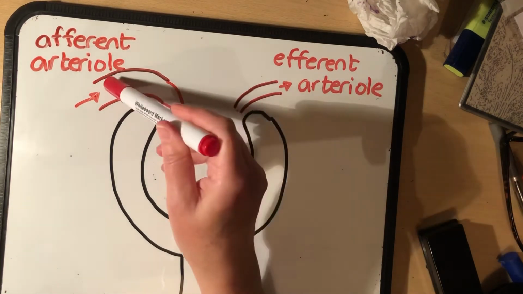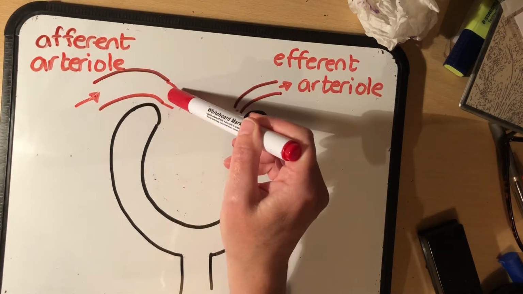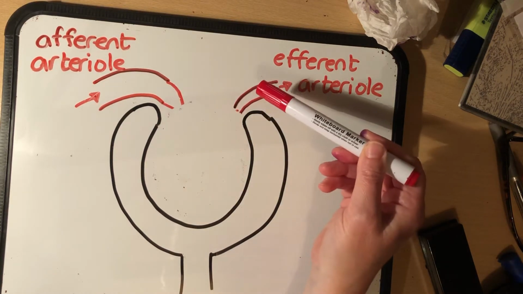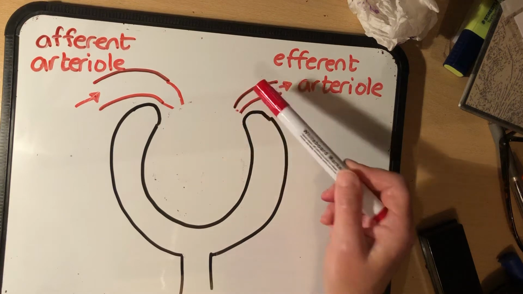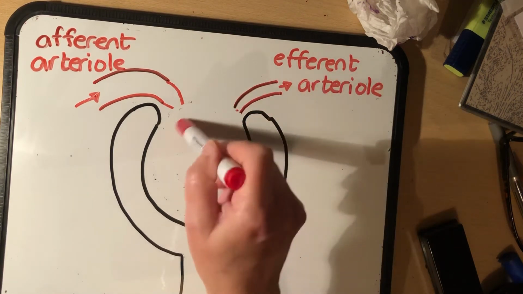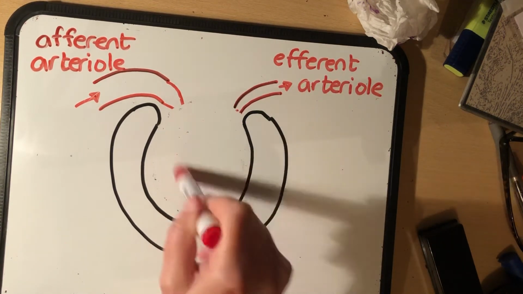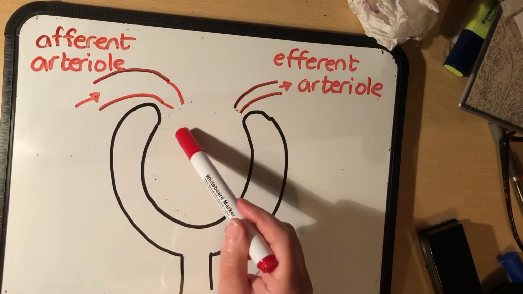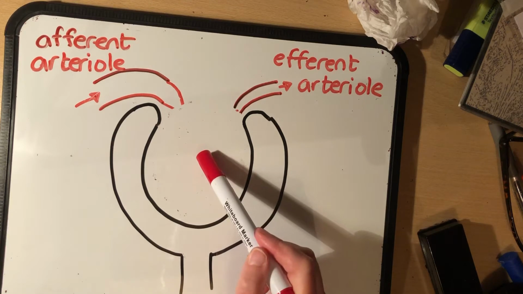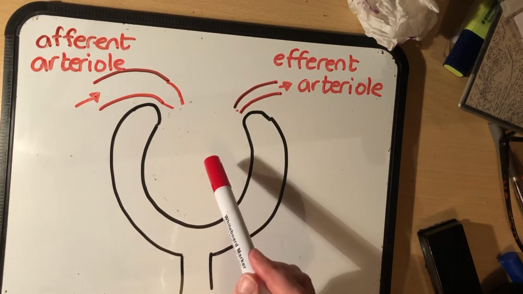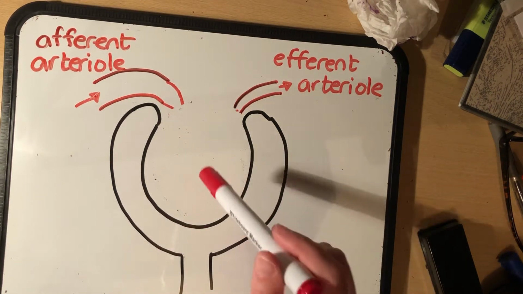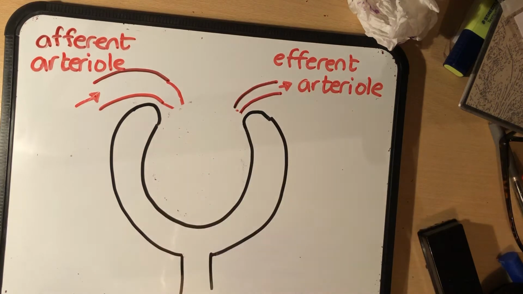The fact that this afferent blood vessel has a much larger diameter than the vessel that's taking the blood out, the efferent arteriole, means you're going to get a big build-up of hydrostatic pressure in the glomerulus. And finally, because of these blood vessels coiling, that's going to restrict the blood flow and create a bigger pressure. So those three factors mean that we've got a very high hydrostatic pressure inside the glomerulus.